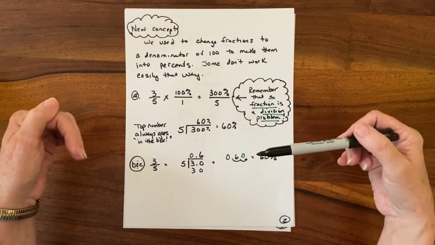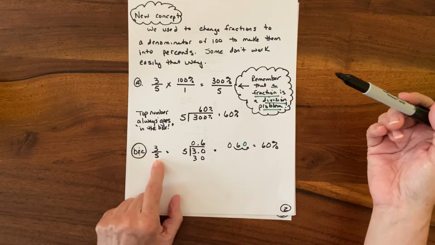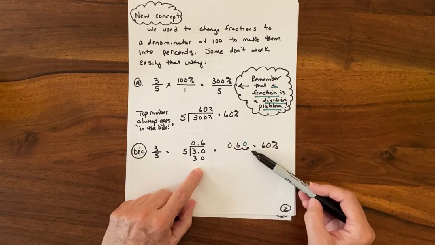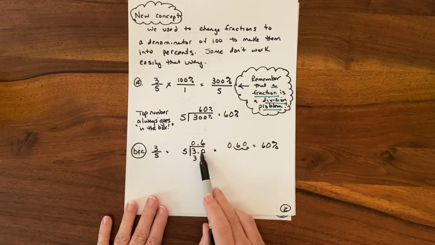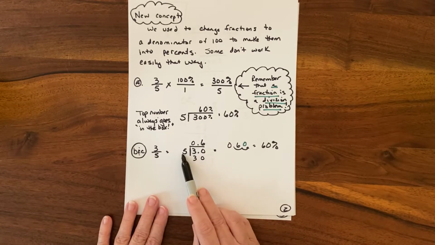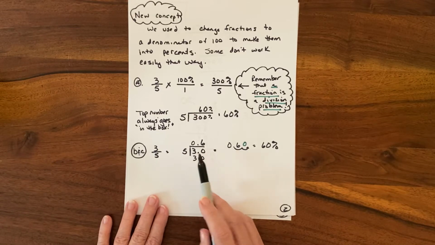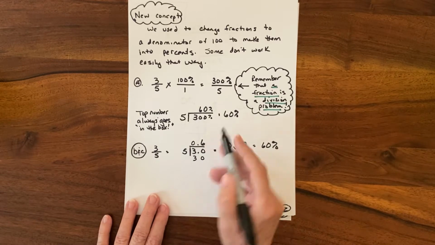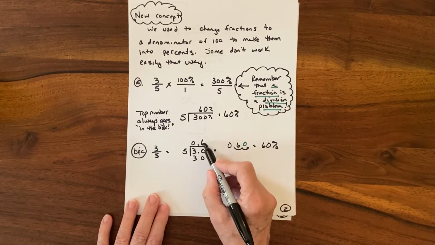The way I like to do it is I take my fraction and I think, oh, that's a division problem. I'm going to change it into a decimal first and then to a percent. So I know that the top number always goes in the box. So that's my dividend. Okay. So will 5 go into 3? No. I just bring my decimal up, put it here. Will 5 go into 30? Sure, 6 times.